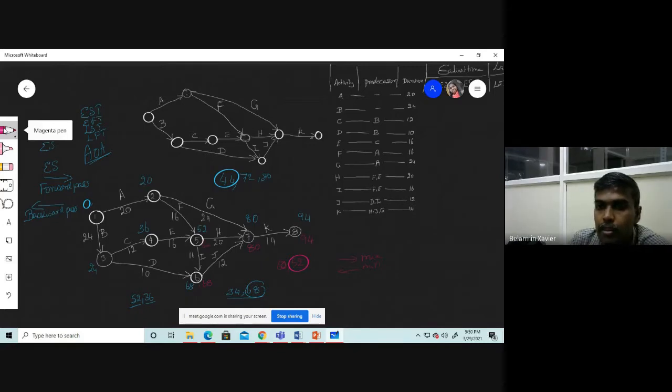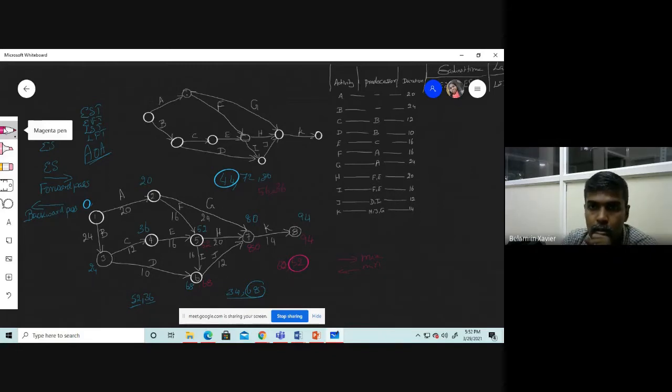Okay, next we go for activity G from node 2 to 7. 80 minus 24, we will get 56. One more activity is there corresponding with F, that is 52 minus 16, that is 36.